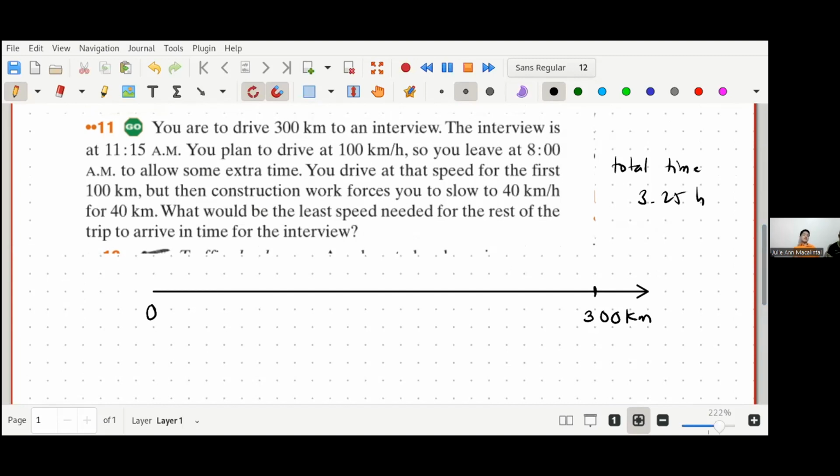So, yung first part of the drive, 100 kilometers per hour. So, let's mark it off here. And then, let's also mark off yung 100 kilometer mark. And then, yung 140, kasi 40 kilometers of driving. Tapos dito naman, 40 kilometers per hour. So, cut mo into this.